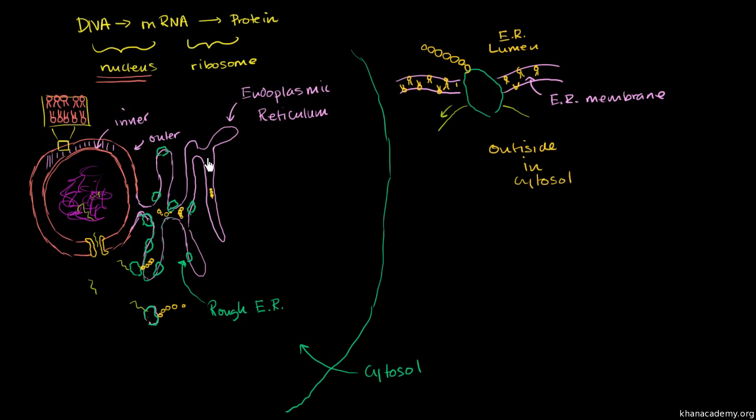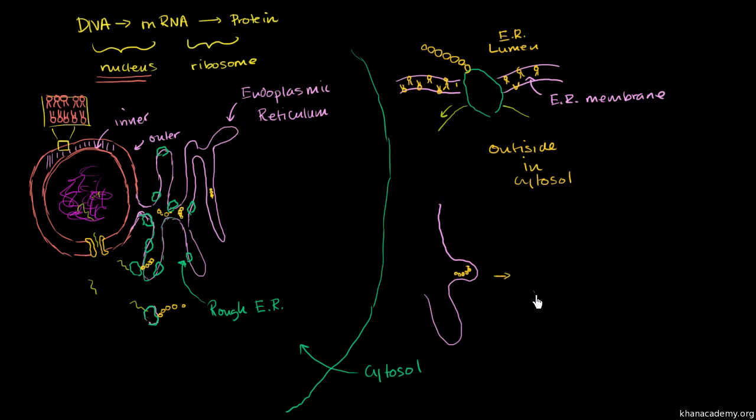And the smooth endoplasmic reticulum has many functions, and I won't get into all of the depth of how it's involved. But at some point, that protein can bud off. So let me draw a budding off protein. Let's say this is the membrane of the endoplasmic reticulum, and a protein ends up right over here, and then it can bud out.